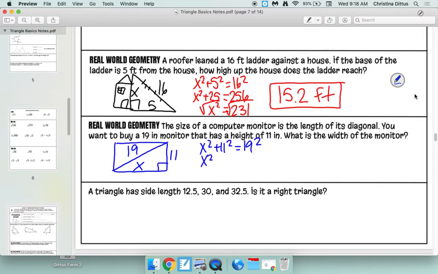11 squared, 121. 19 squared, 361. Subtract your 121, we get 240.